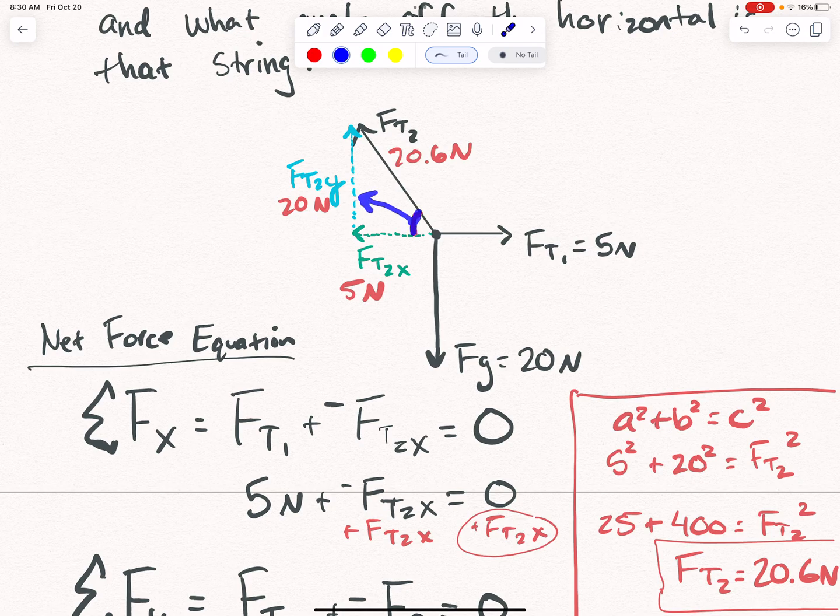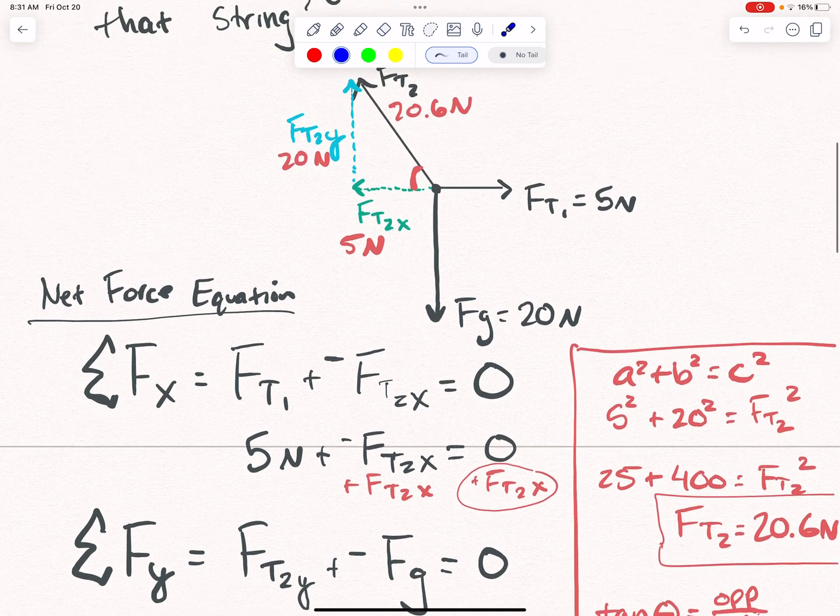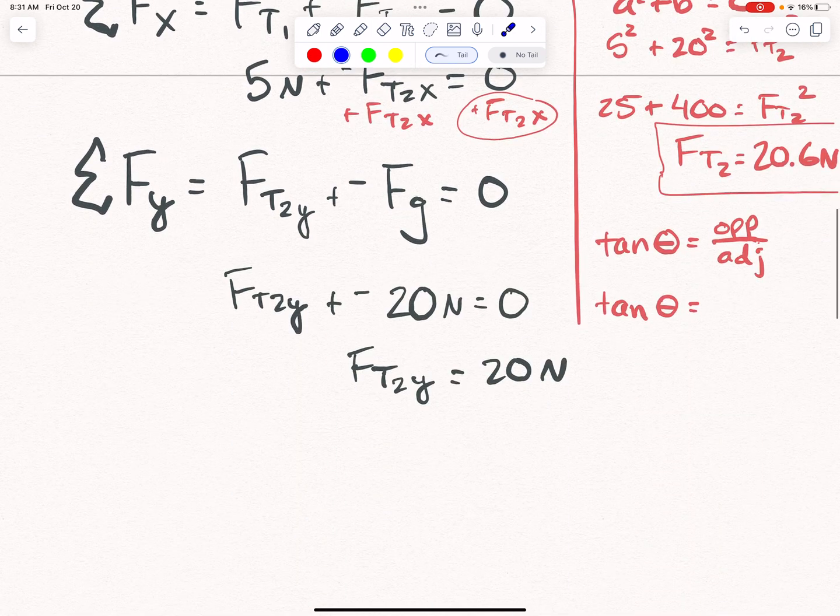Opposite is just whichever side of the right triangle is directly across from that. Adjacent is the one that is next to it. And hypotenuse is always the longest. So if we remind ourselves of what the 3 sides are, tangent of theta equals 20 over 5. So the tangent of theta is going to equal 4.